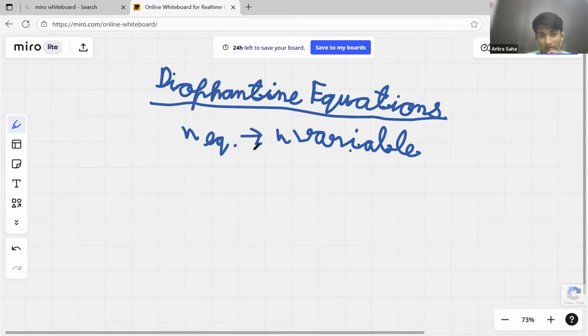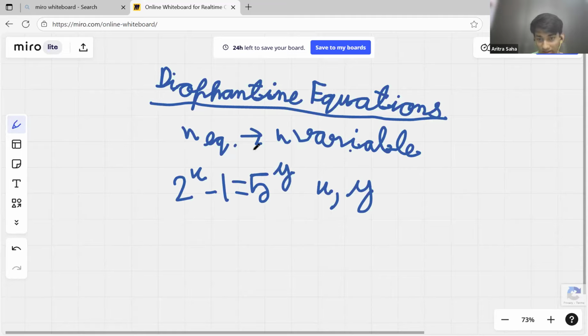Now, if we think of a random Diophantine equation, let's say, I'm just making something up, where x and y belong to the natural numbers or non-negative integers, whatever.